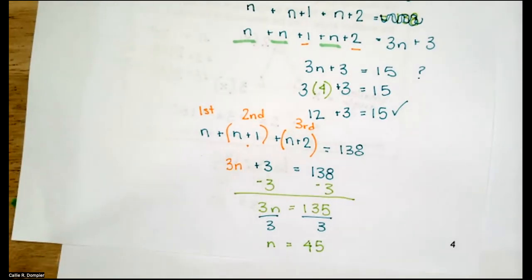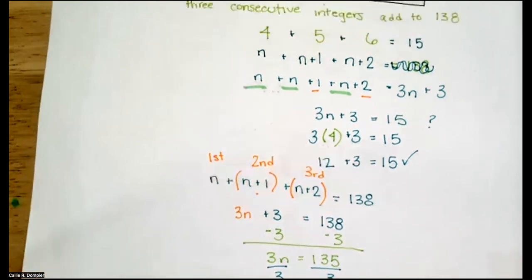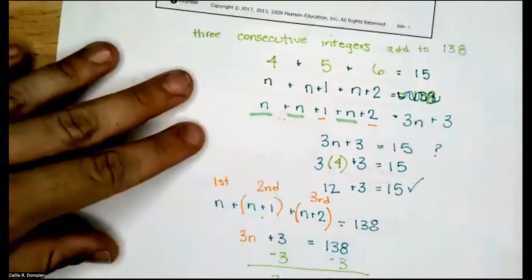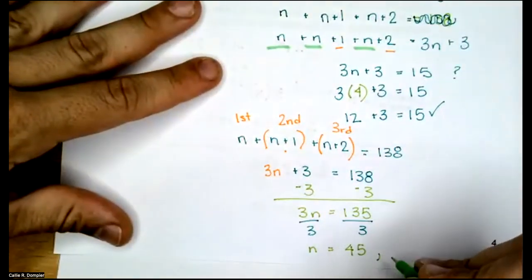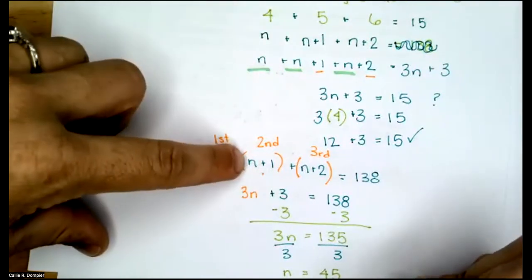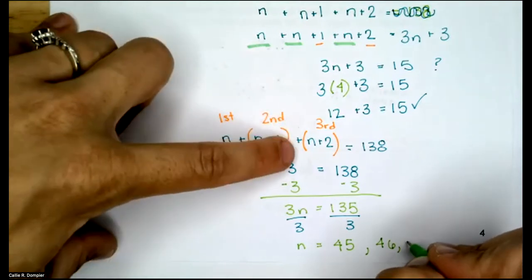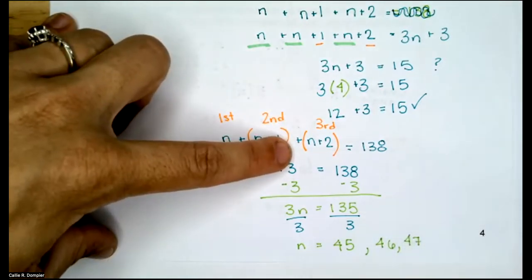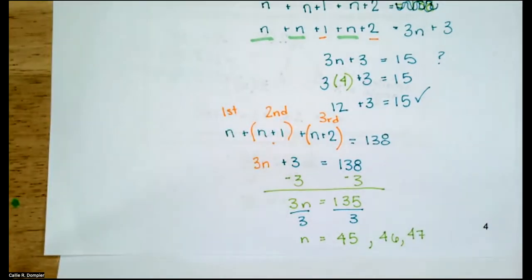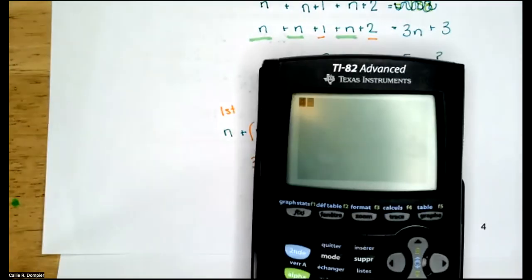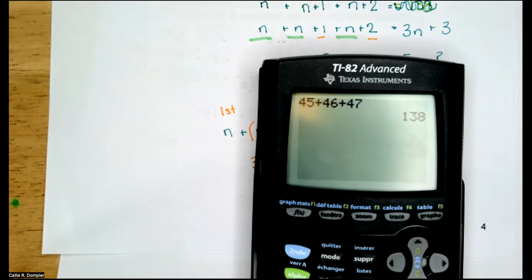So our 3 consecutive integers that add to 138 are 45, this one's going to be 46, and this one's going to be 47. Do 45, 46, and 47 add to 138? They do. Is that okay?